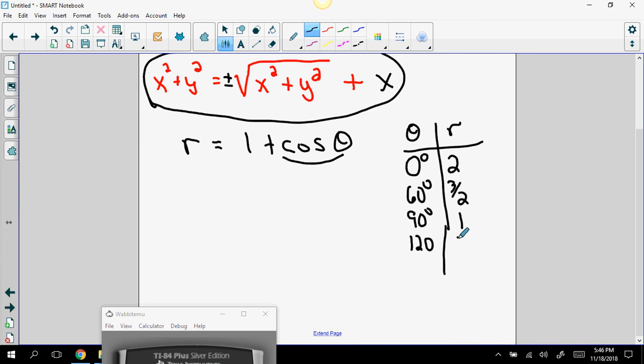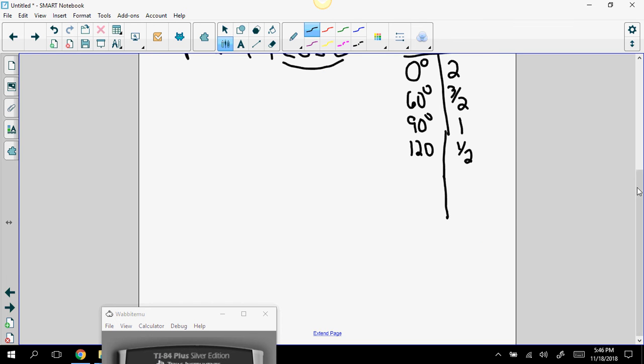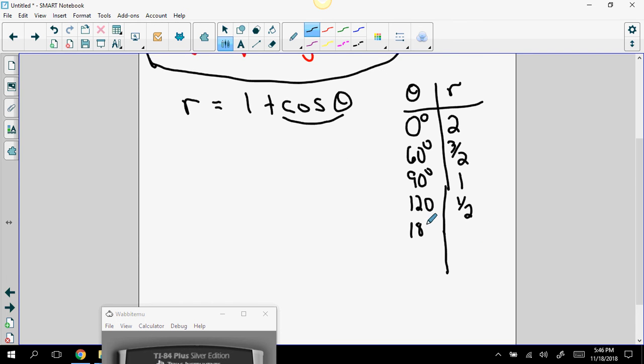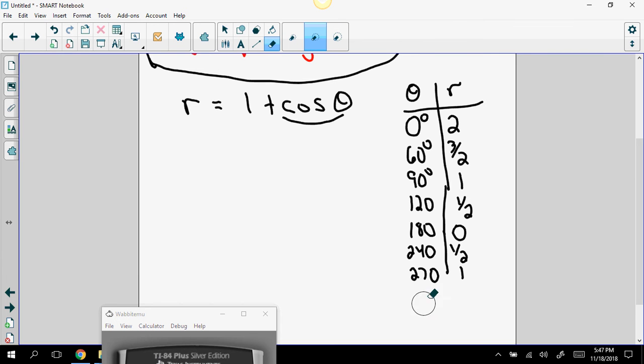Negative 1/2, therefore 1/2. 180 is good. Cosine 180, negative 1, you get 0. 240 is good, because that will be negative again, just like the 120, so 1/2. 270 is good. Cosine of 270 is 0, so 1. 360, whoops, no. Let's do the 300. Whoa.